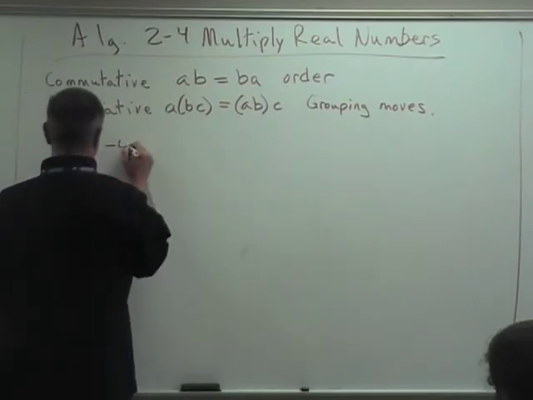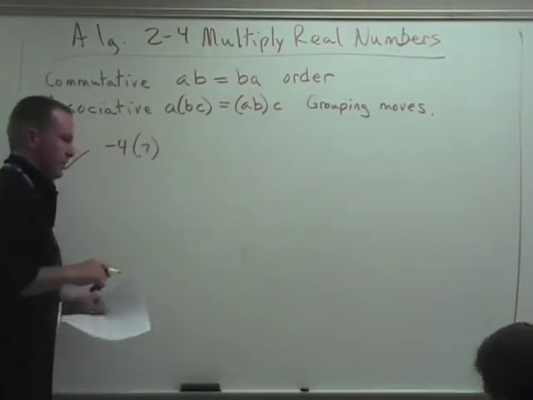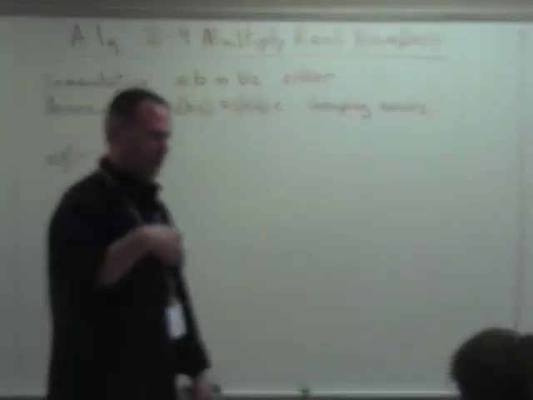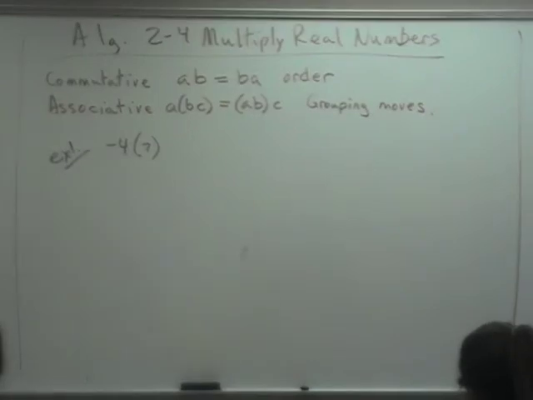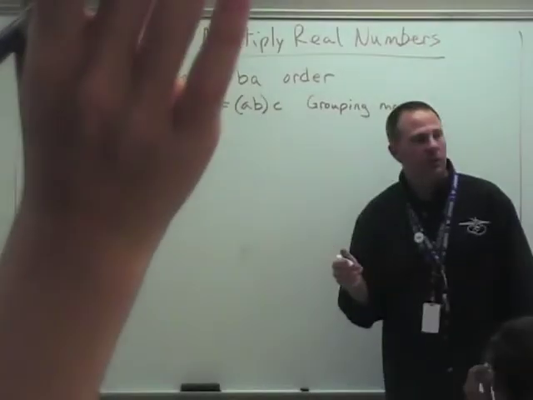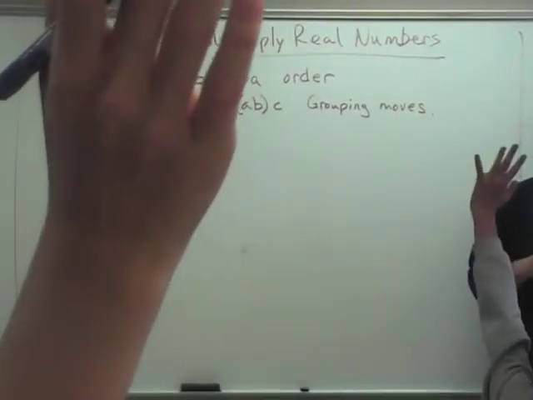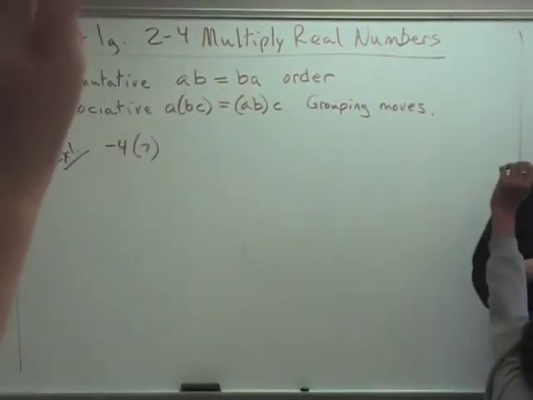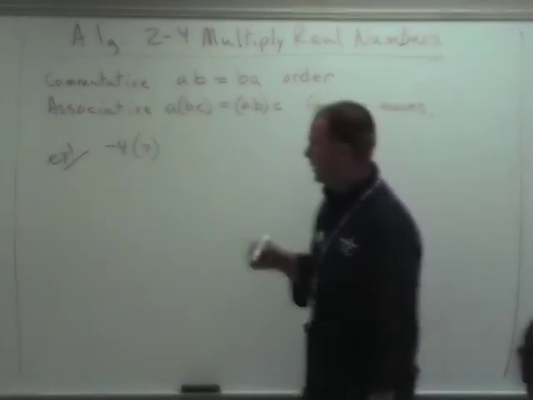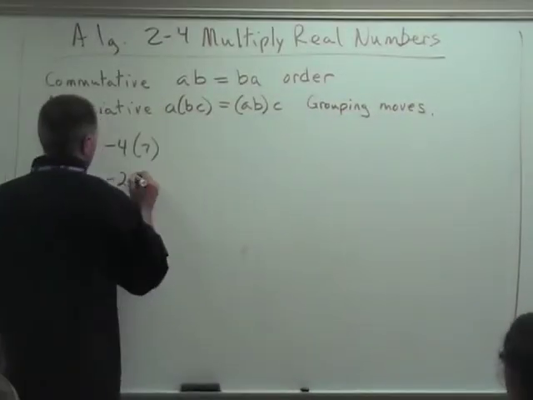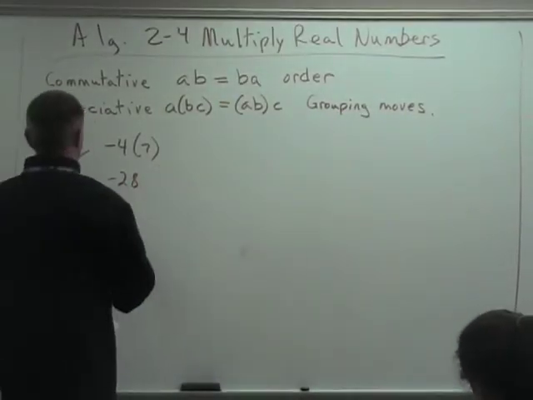Example 1. -4 times 7 is, everybody raise your hand if you know the answer. Ouch. -4 times 7 is -28. The purpose of that was to make sure that you understand your signs.